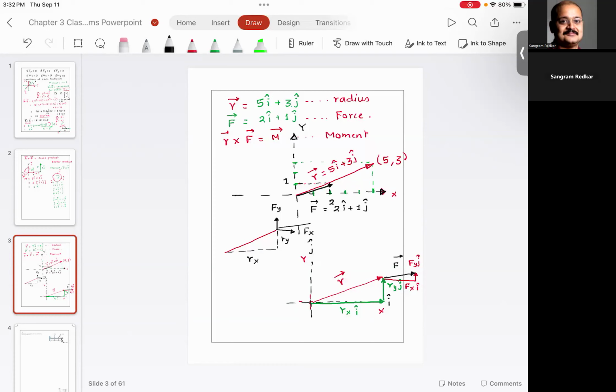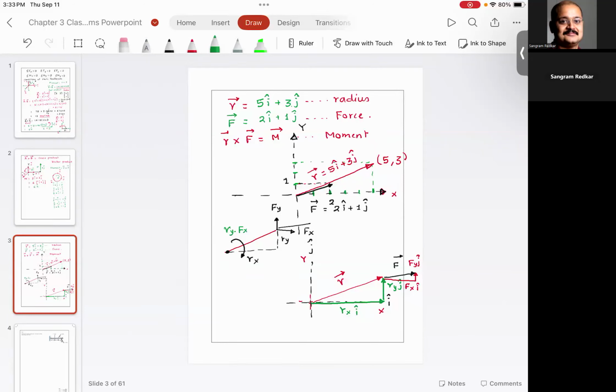But what is the problem? The problem here is, if you look at the moment given by Fx about the origin, this moment is clockwise. This is the moment Fx, Ry. I'll write this just to be consistent: Ry, Fx.